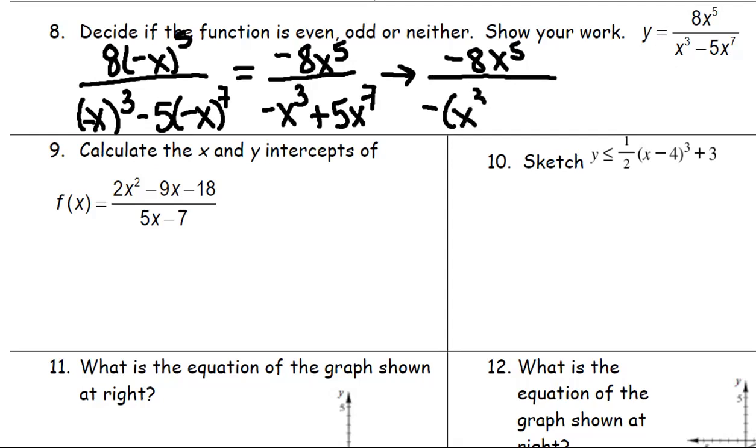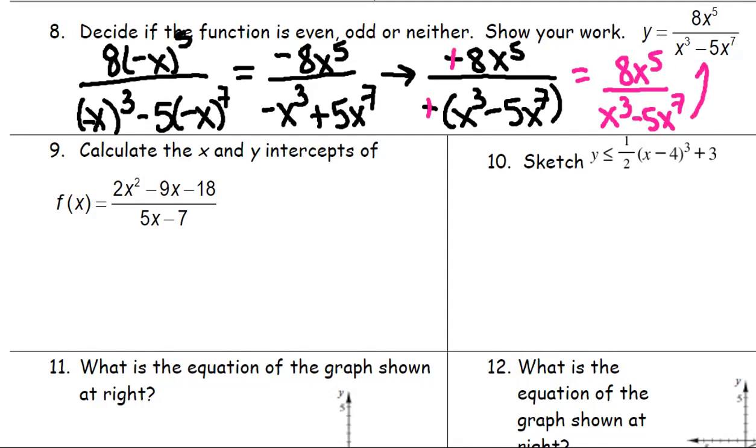So that means this is an x cubed minus 5x to the 7th with a negative in front. And a negative over a negative becomes a positive. And so this is really 8x to the 5th over x to the 3rd minus 5x to the 7th, which is the same as this. So this is even.